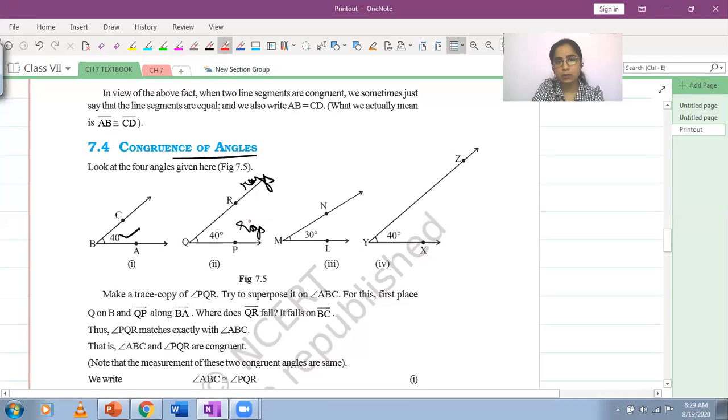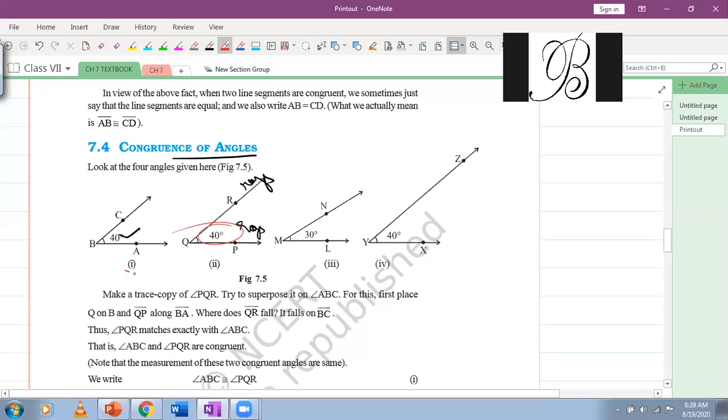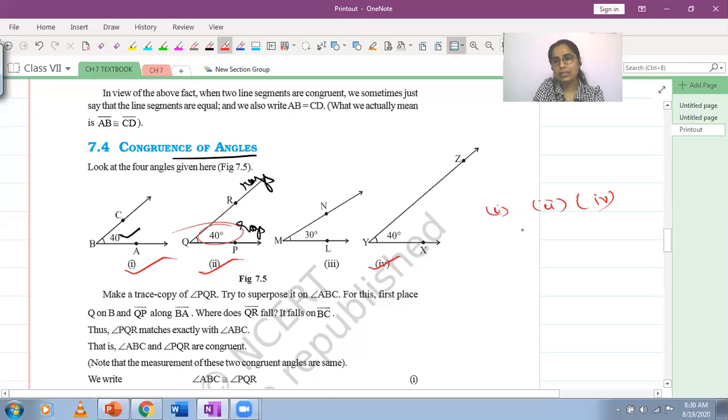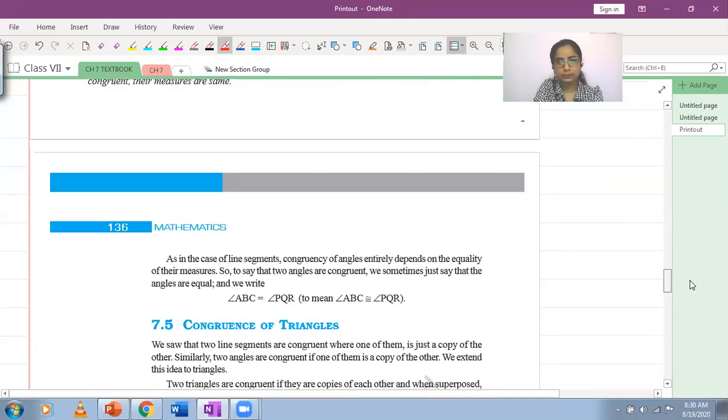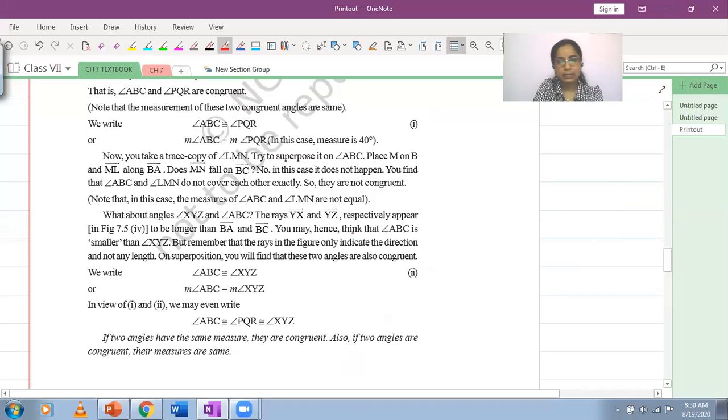What about the fourth? Yes, the first, second, and fourth are all 40 degrees. So they are congruent. Only check the measure, just the measure. I think they have written it here at the bottom of the page.